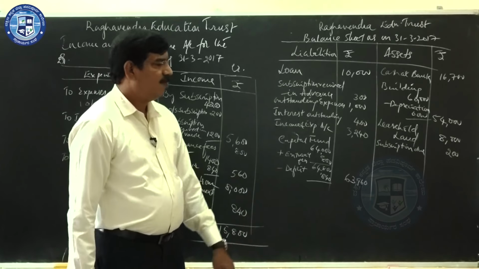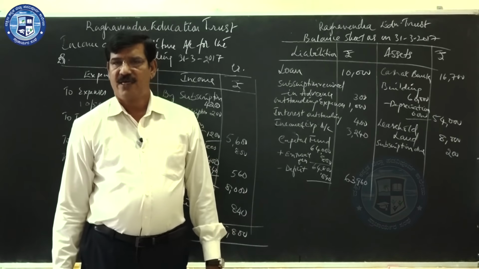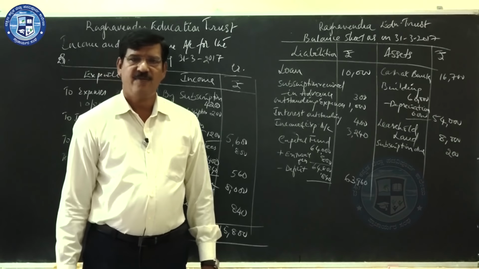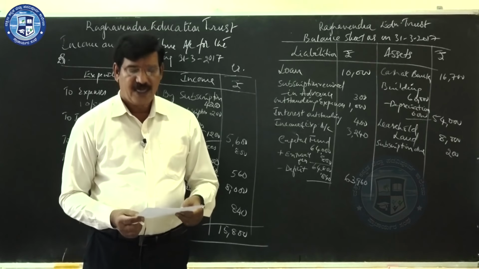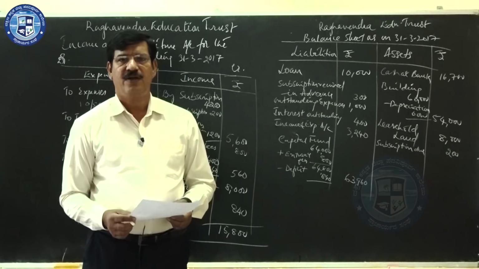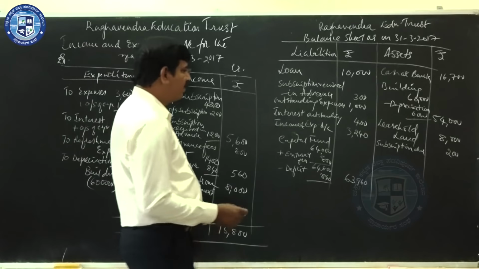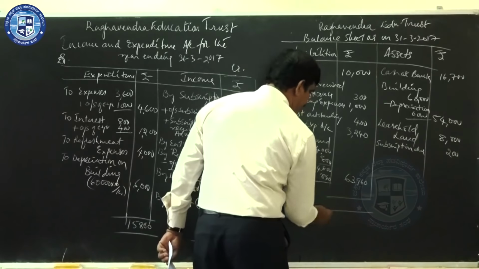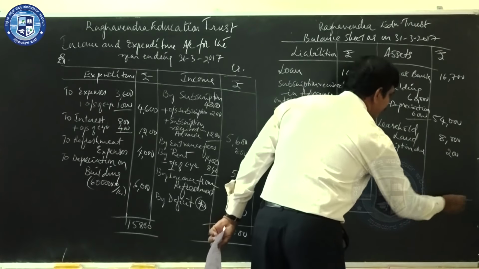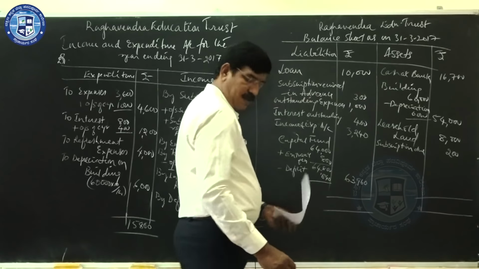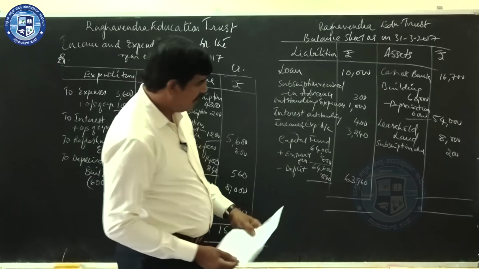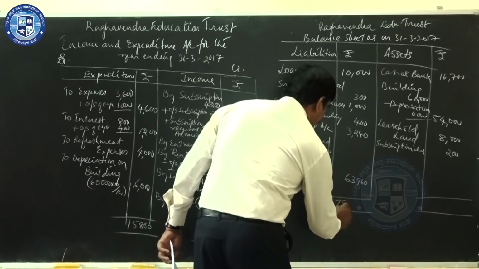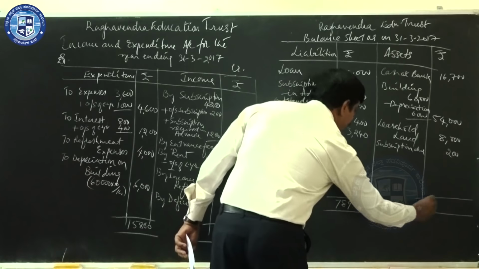I have entered almost all the items. Now check whether any item is left out in the receipts and payments account or in the adjustments. I think I have entered all the items. Now find out the total. The total must be 78,900.